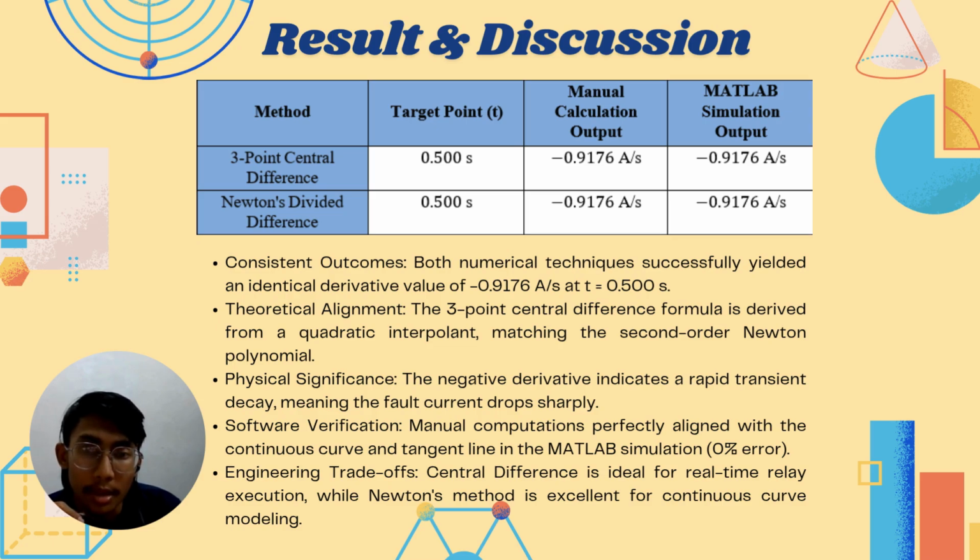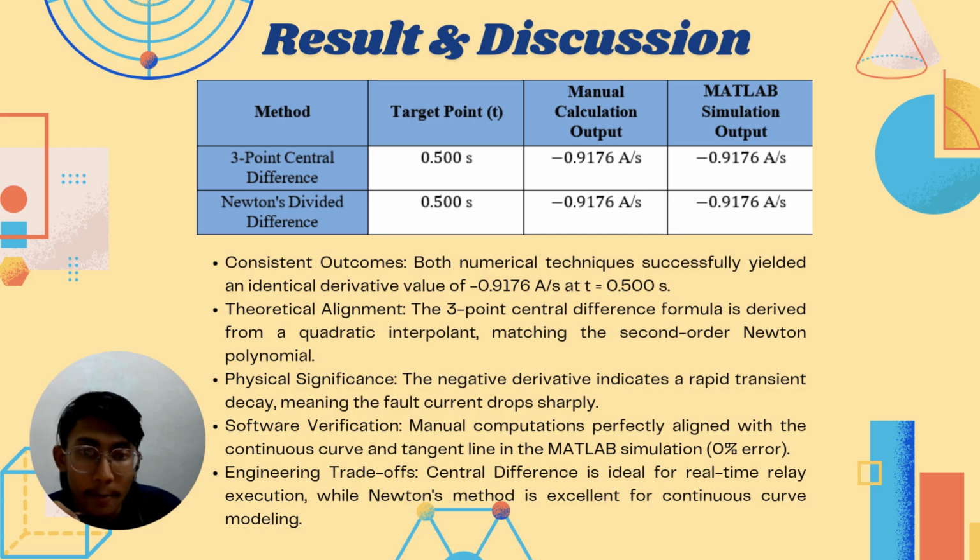For physical significance in this result, we get a negative value for both methods. So it indicates a rapid transient decay, meaning that the fault current drops sharply. If we refer to the MATLAB graph, it also shows the graph drops sharply.